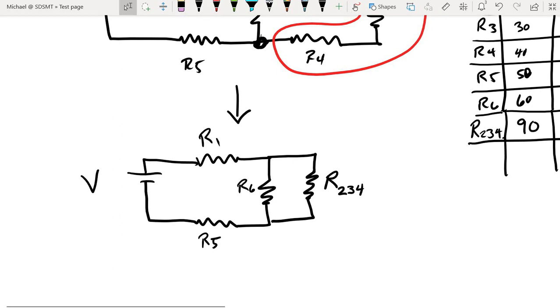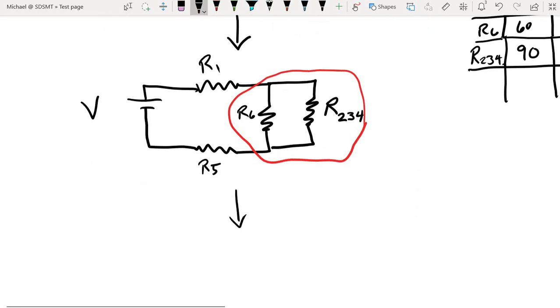Now look back at my circuit here. I still really don't know anything about any of these resistors, so I am going to continue with my goal of combining resistors. But now we can see that resistor 234 has its head and tail connected to the head and tail of resistor 6. That means they're in parallel, and that means that I can combine them.